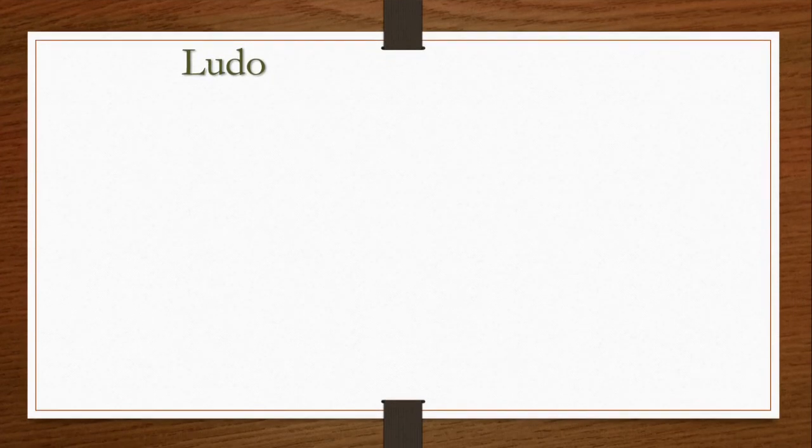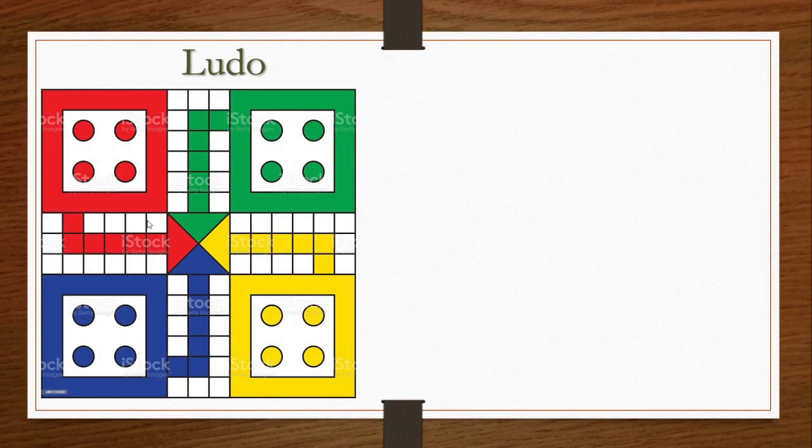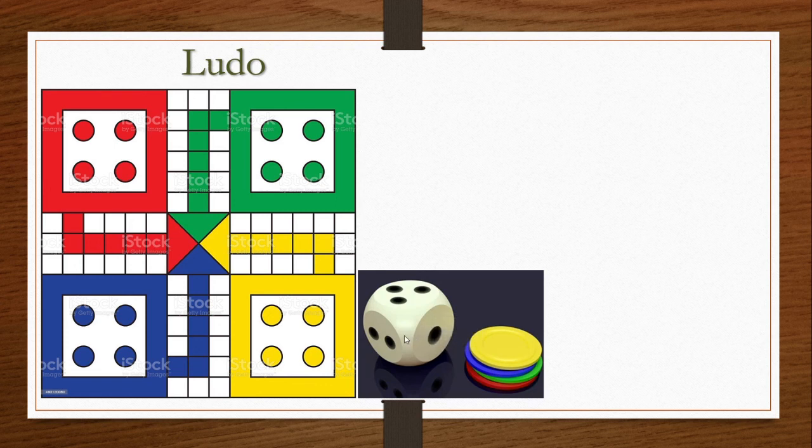Next, Ludo. This is our board. Here only we can see the different shapes, correct? And we use coins and dice for this game also. See here, circles. These are triangles, correct? And these are four-sided figures.